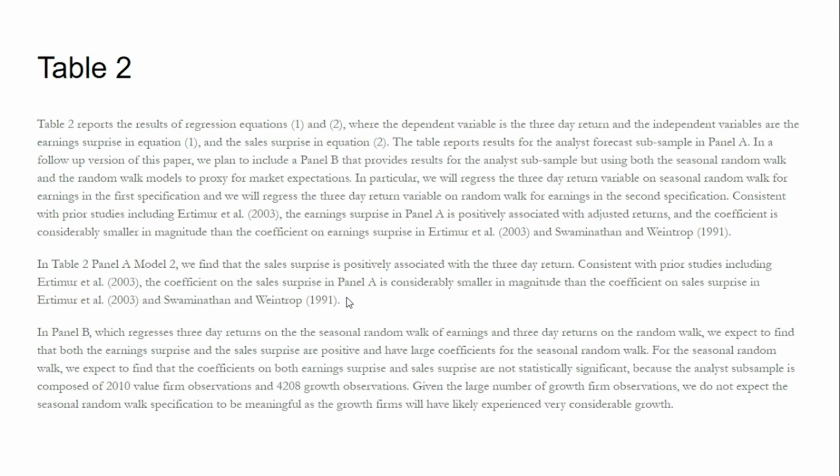And so if the denominator is huge, but the market largely anticipates those huge movements because they've seen the growth in sales over the last 3 quarters, then there might be a small 3-day return following the earnings announcement, and yet there will likely be for most of these growth companies a huge increase in sales. And so that's why we expect, for seasonal random walk, the coefficient on the earnings and sales surprise to be not statistically significant. It's likely to be very small.